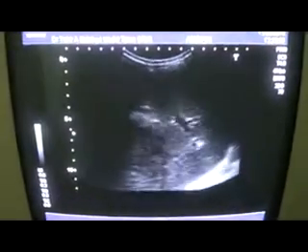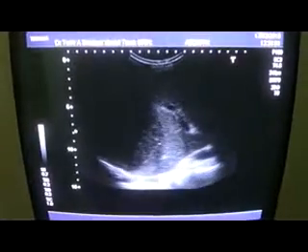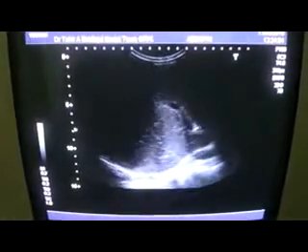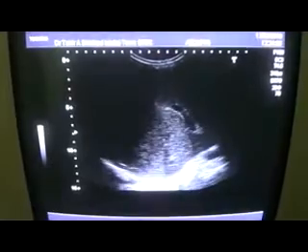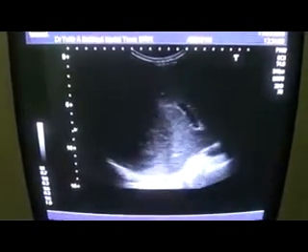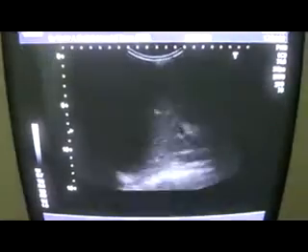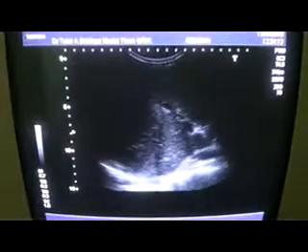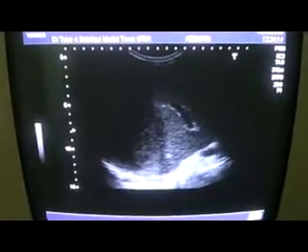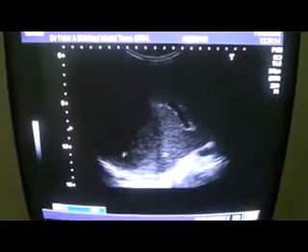Okay, now in the posterior segment, first of all, let me show you that there is a very small amount of fluid seen in the right pleural space, that is reactive or sympathetic because of the pathology in the liver.